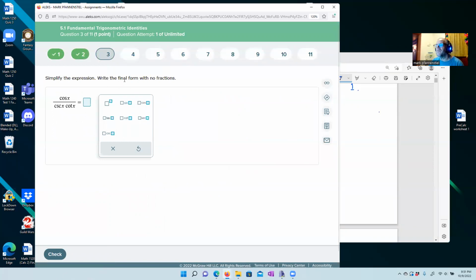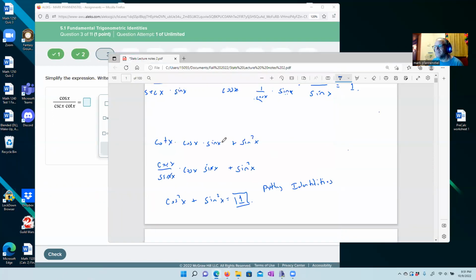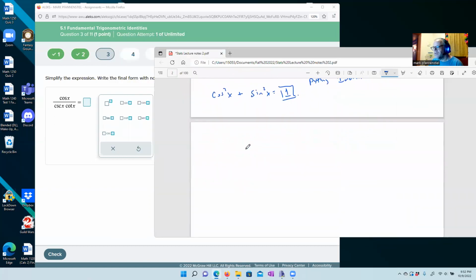Simplify the expression, write the final form with no fractions. Okay, that's fair. So what do we have here? We have cosine x divided by cosecant x times cotangent x. So let's see what we're going to do here. We're going to say this is cosine x. What's cosecant? Cosecant is 1 over sine x, isn't it? And then what's cotangent? It's cosine x over sine x.